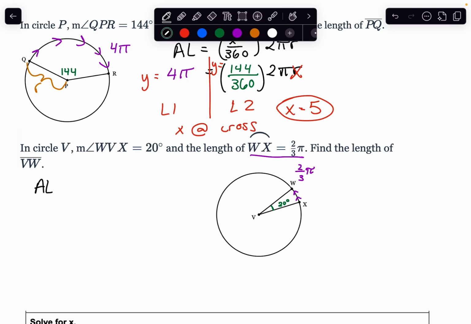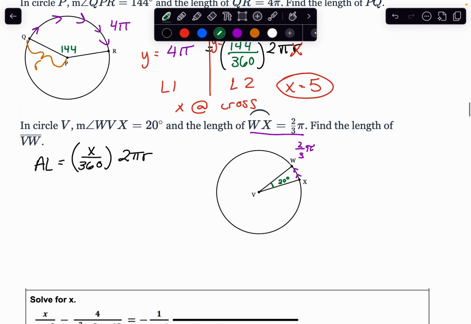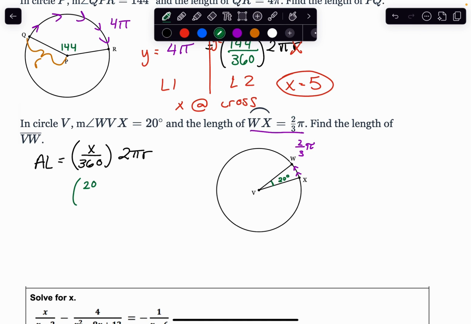Arc length equals x over 360, or whatever piece of the whole arc that I have. So I have 20 out of the 360 degrees of a circle being represented times 2 pi. I still don't know the radius, that's what I'm looking for.